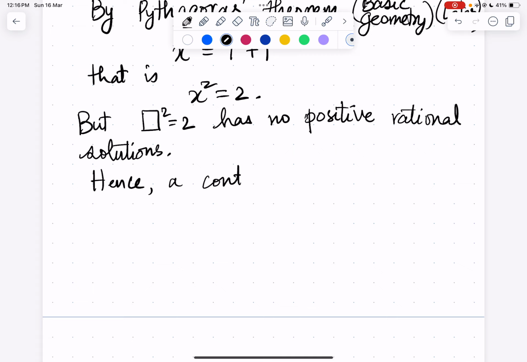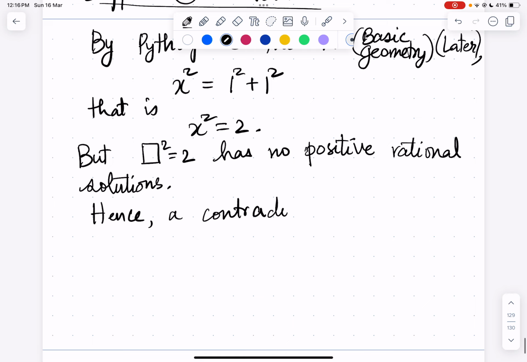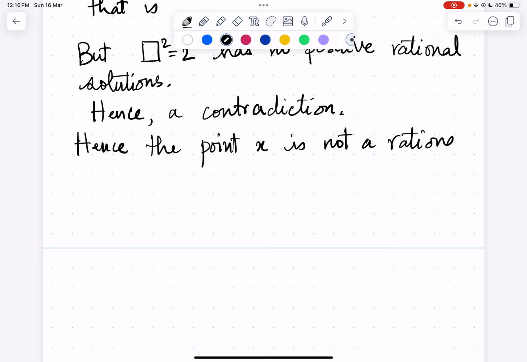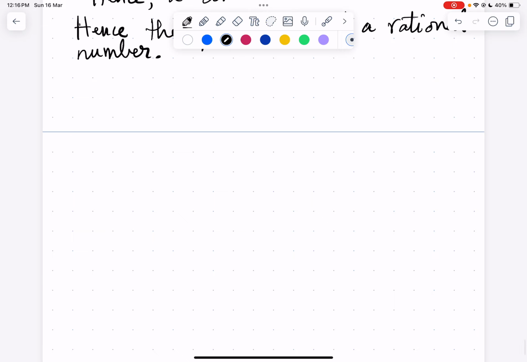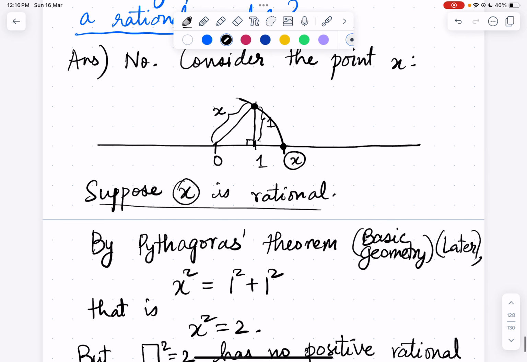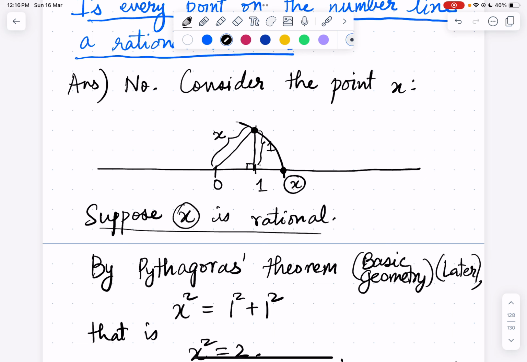Hence a contradiction. So we assumed x is rational, and then we got a contradiction. Hence the point x is not a rational number. So we have found a point on the number line which is not expressible as m by n, where m and n are integers and n is not equal to 0.